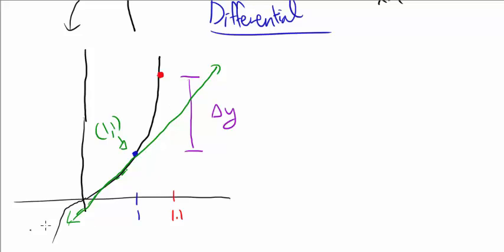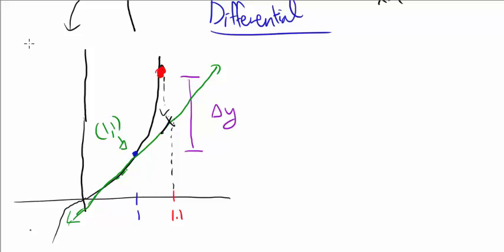So we know how to find the equation of the tangent line, and we can plug in 1.1 into the tangent line, and that's going to get us this point right below this red point. So this point is giving us an estimate of f at 1.1. This is giving us an estimate of 1.1 cubed.